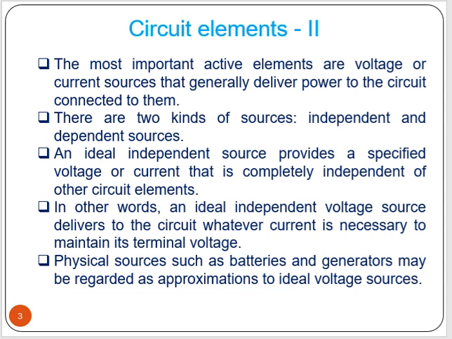In other words, an ideal independent voltage source delivers to the circuit whatever current is necessary to maintain its terminal voltage constant. Physical sources such as batteries and generators may be regarded as approximations to ideal voltage sources. So physical sources are not ideal, but we approximate them as ideal voltage sources.